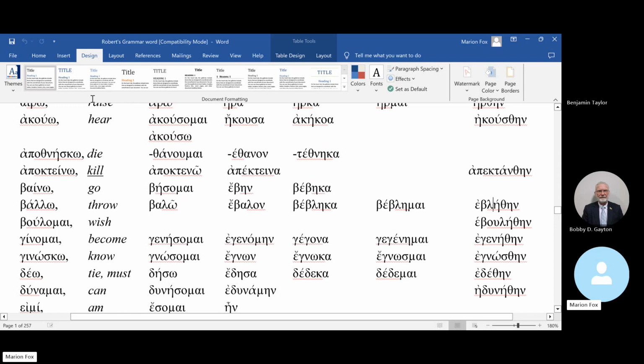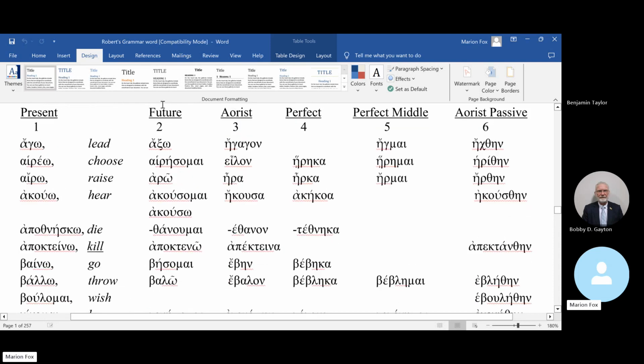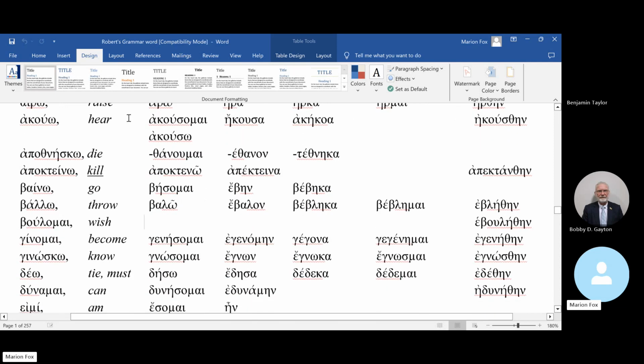So probably what we have is these are the same, and these may be different dialects or a variation of something happened there. Budolmai is standard in all of them except the last one, which will be aorist passive. Budolmai, right? So it has an odd form in the aorist passive, but all the other forms are standard.